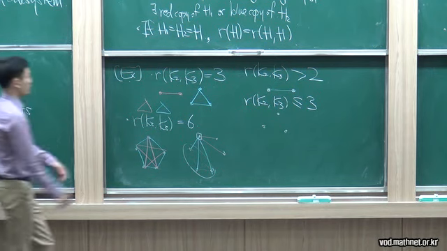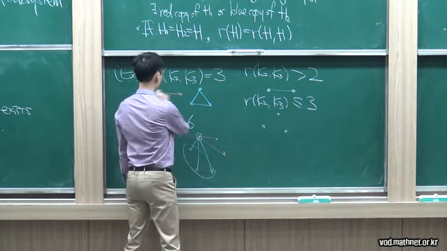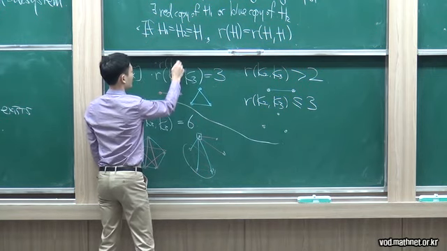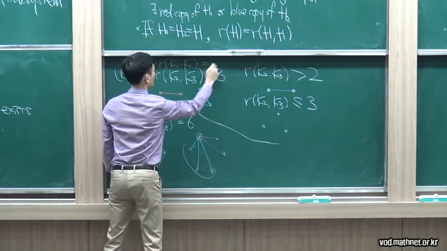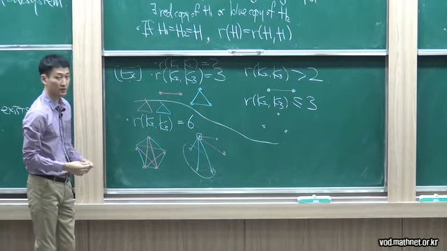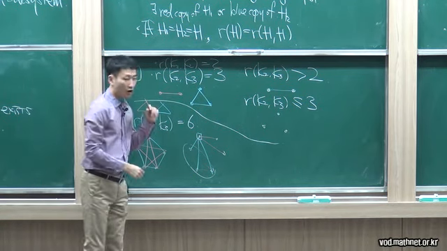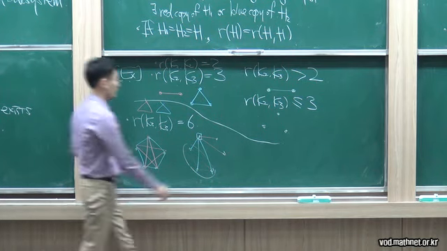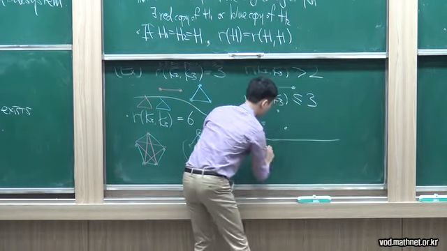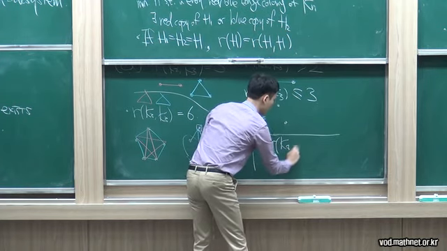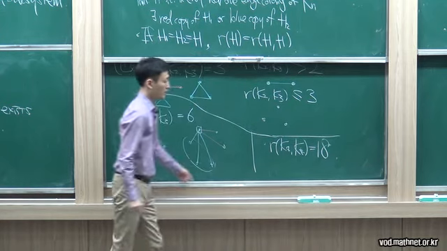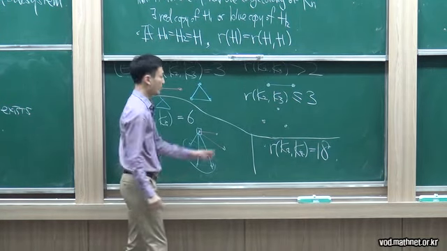okay, so I will have to write down another thing. Actually, let me write it here. R(K2) is trivially 2. R(K4) is known to be 18. So let me write the next case. Okay, I can't show it.